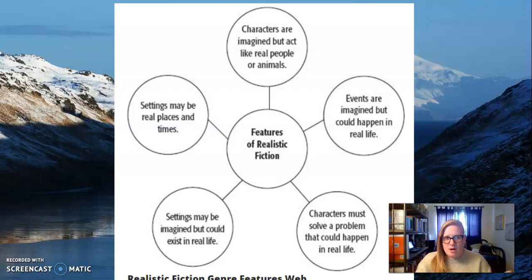This story about Barrow, Alaska is a real place in a real time as well. And some of those other stories, like Snow White, a Russian folktale, we don't really know what time period that is, and we don't know where exactly that is. It's not really based on a real place or a real time period.